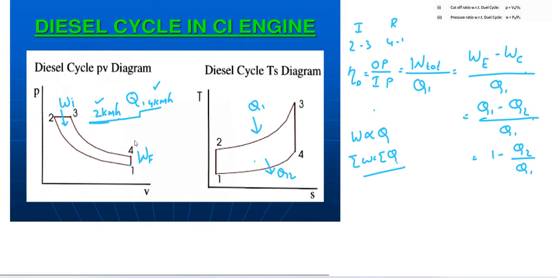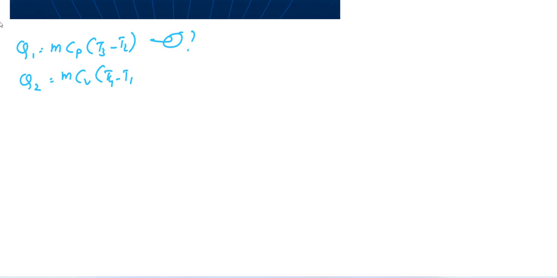Now let us discuss some technical terms. As you all know, Q1 equals m Cp into T3 minus T2. How you got this one? Q2 equals m Cv into T4 minus T1, right?